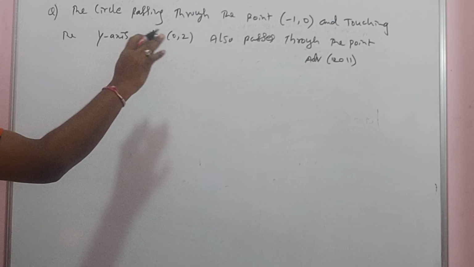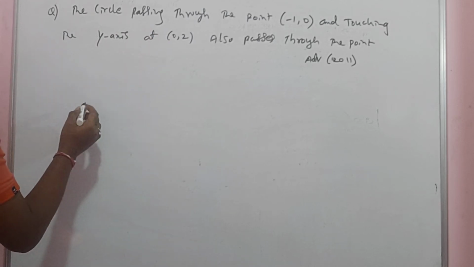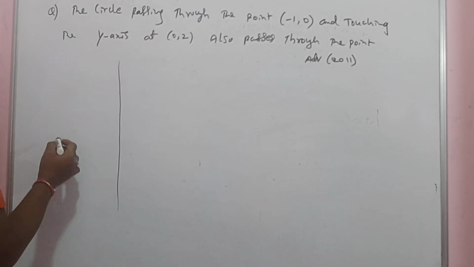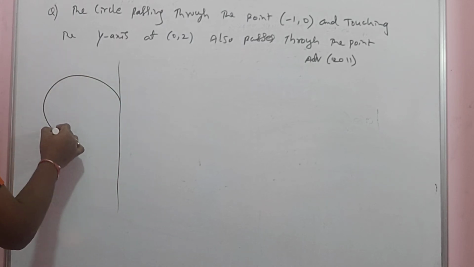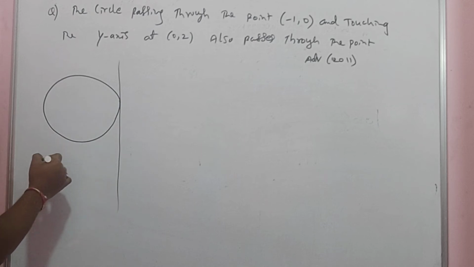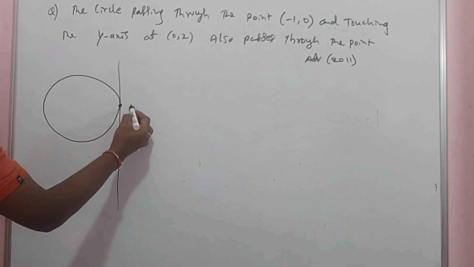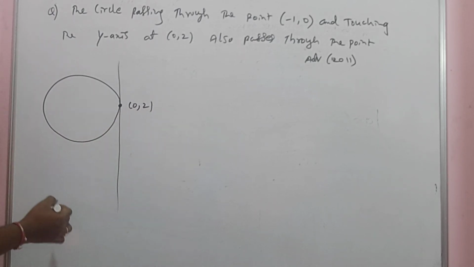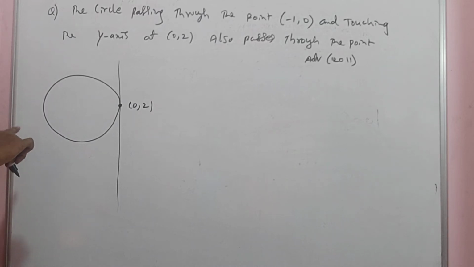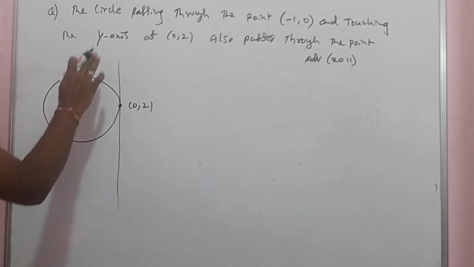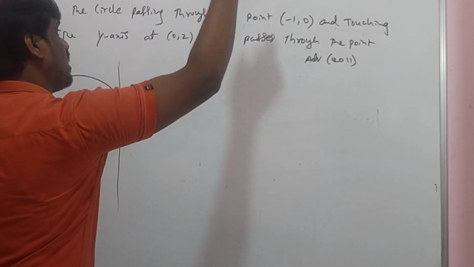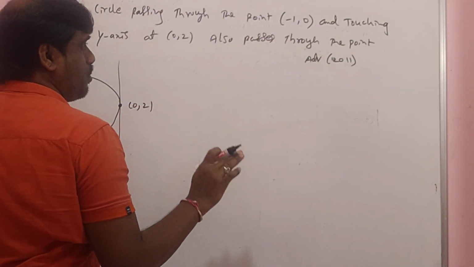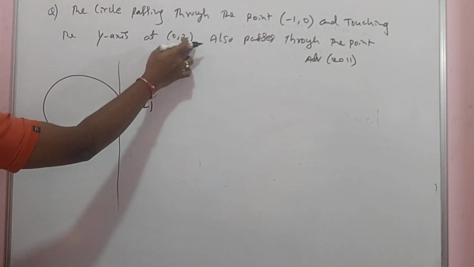Now let me explain the problem here. So what are they saying, that one circle is there, okay, one circle is there, that circle is passing through the point 0 comma 2. The circle is passing through the point, which point here, 0 comma 2, means x is 0, y is 2. The circle is passing through 0 comma 2. See here, the required circle is passing through the point minus 1 comma 0 and touching the y-axis at 0 comma 2.